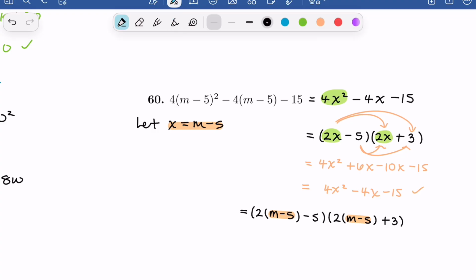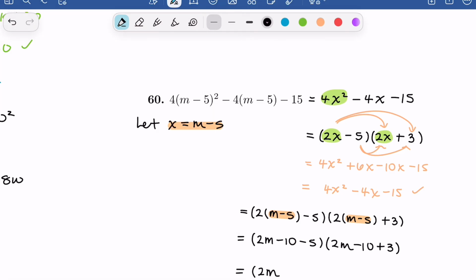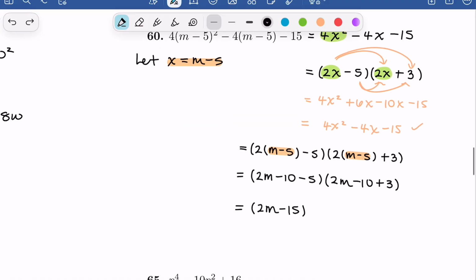What we'll do next is simplify this. We'll distribute this 2 to both terms in our parentheses for both of these. We're going to end up with 2n minus 10 minus 5 times 2n minus 10 plus 3. This will give us, combining like terms, 2n minus 15 times 2n minus 7.